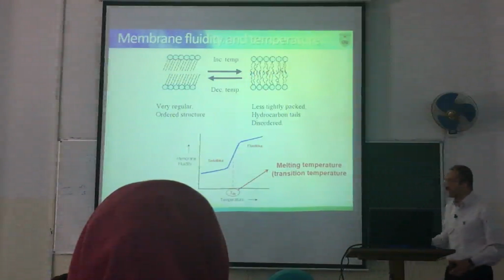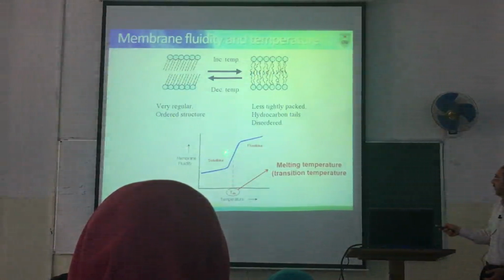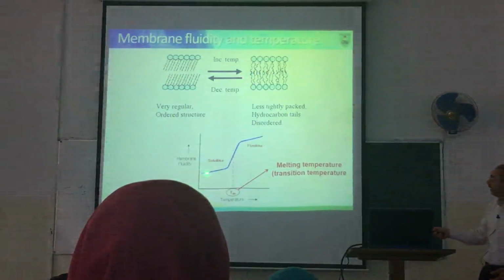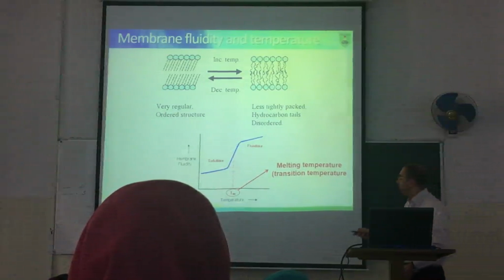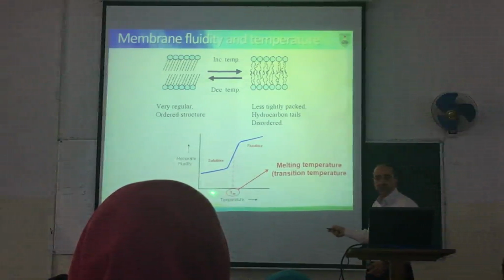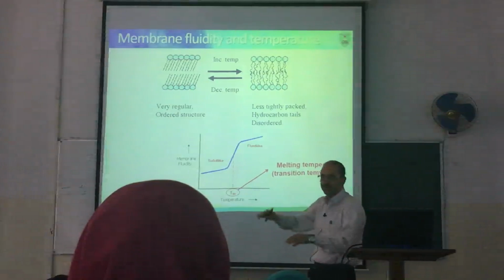فعندي في شغلة الممبرينز الفلويديتي of the membranes في عندي شيء اسمه transition temperature أو melting temperature اللي هي the transition from having solid-like membrane to fluid-like membrane. Notice that the transition is quick between the two once you increase the temperature. Okay, the membrane is rigid and all of a sudden it becomes highly fluidic.